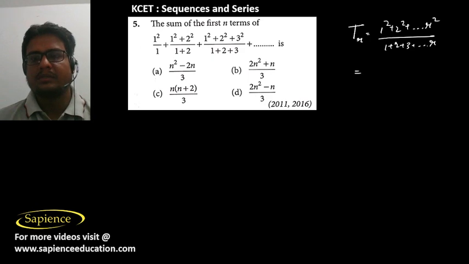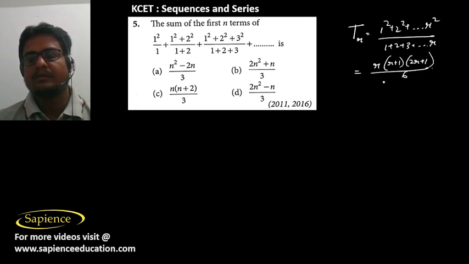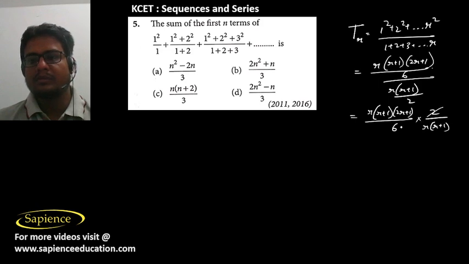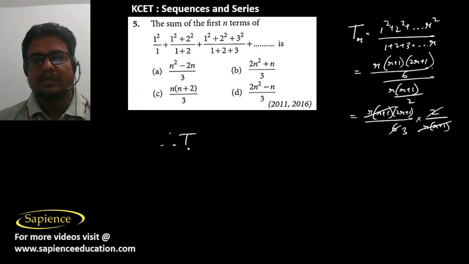So therefore the rth term can be written as r into (r plus 1) into (2r plus 1) by 6, since it is the sum of the squares, divided by r into (r plus 1) by 2. So this will be r into (r plus 1) into (2r plus 1) by 6 into 2 by r into (r plus 1). So 2 threes are 6 and these will cancel out. So therefore the rth term we can write simply as (2r plus 1) by 3.